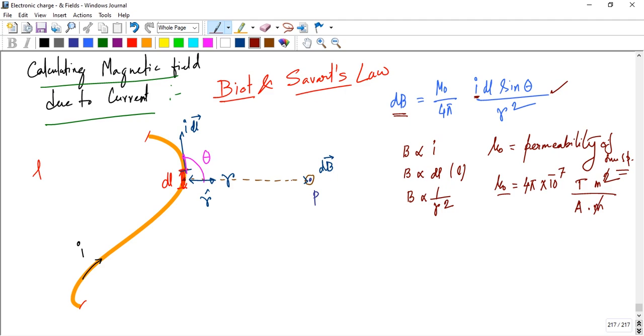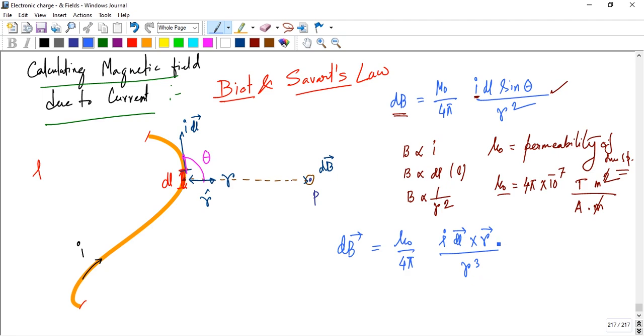Now if I put a vector, dB is a vector, so dB is mu 0 by 4 pi, a constant term, times I dl cross r vector by r cube.